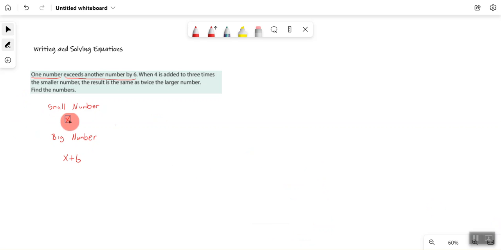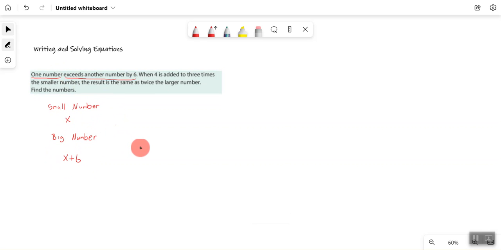So you have this number represented by x, which is the smaller number, and then you have a bigger number which exceeds it by 6, which is going to be the number plus 6. So these two algebra terms represent these two particular numbers.